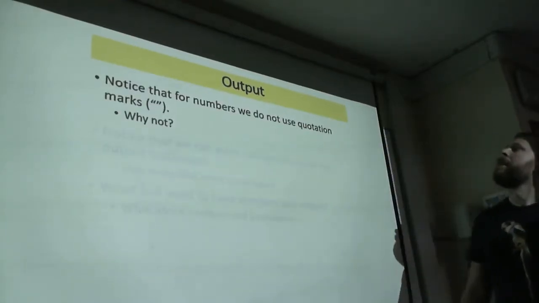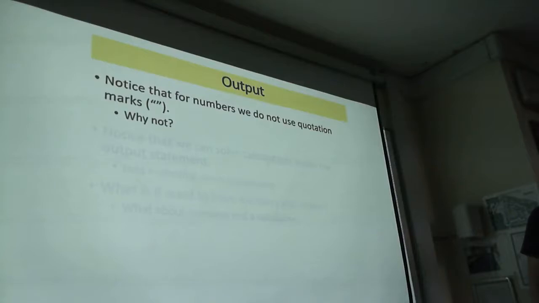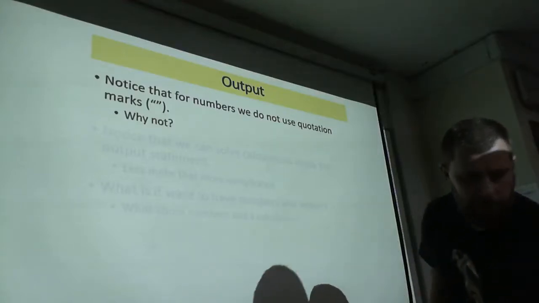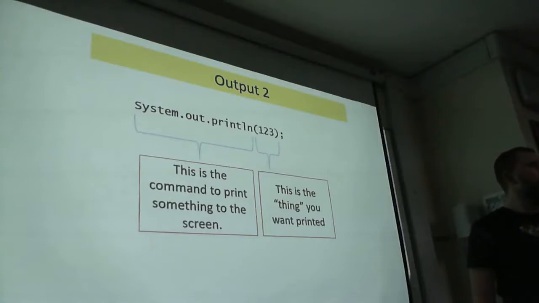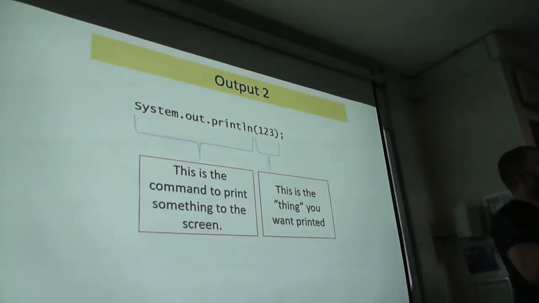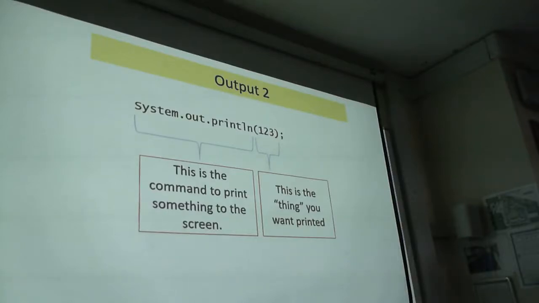So when we're using numbers, we don't have our quotation marks. Well, why don't we have the quotation marks? We could absolutely put quotation marks around this and it still would print out 1, 2, 3 on the screen. The difference is if we have quotation marks around the numbers, they're treated as characters.